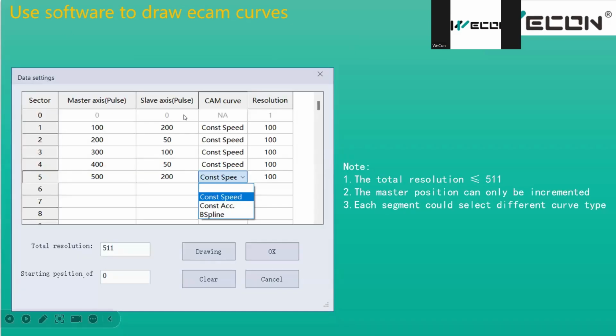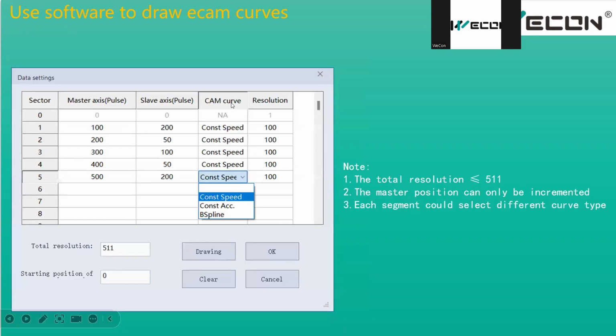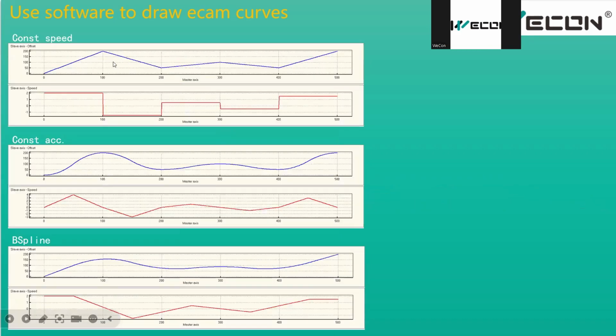So with this master position and slave position, here I created three curves with different speed curves. We can see the first one is constant speed, and this is the position curve between master and slave.